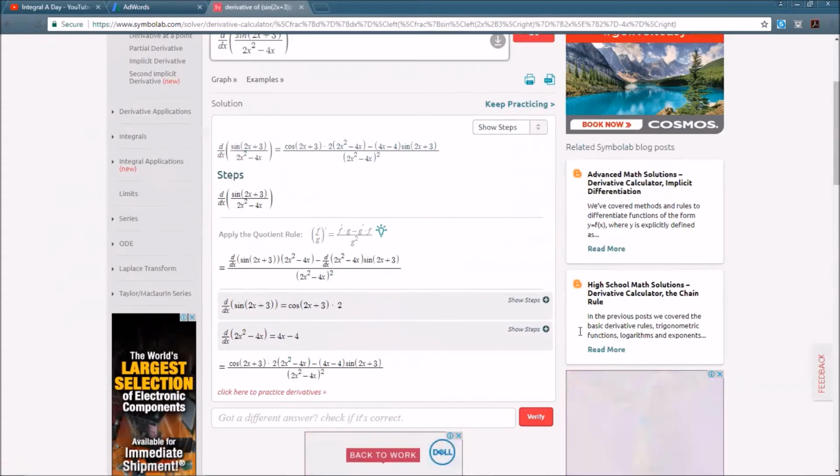All right, so I'm just going to write this down on paper here beside me, because I can't bring that across to the other page. 2x squared minus 4x minus 4x minus 4 sine 2x plus 3 all over 2x squared minus 4x squared.